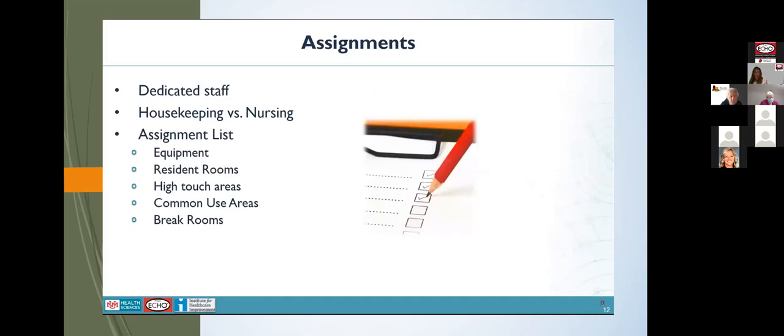Another crucial component to that solid cleaning and disinfection program is to specifically assign routine cleaning and disinfection duties. When it comes to COVID-19, it is so important to dedicate staff to the COVID-19 units. If for some reason you are unable to do this, we will need to prioritize to, first of all, request nursing staff that are already dedicated to this unit to clean and disinfect.